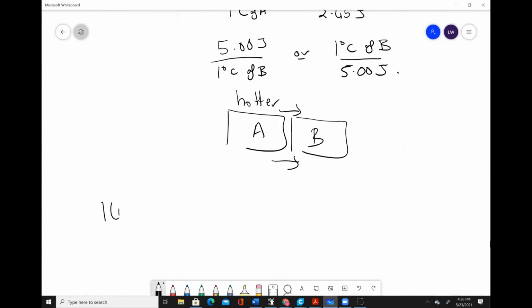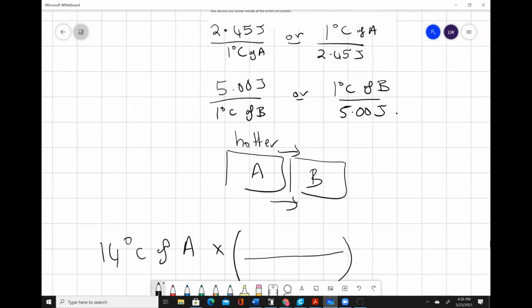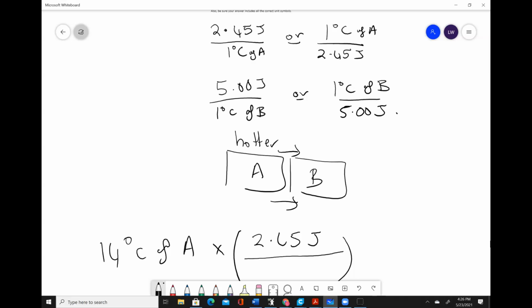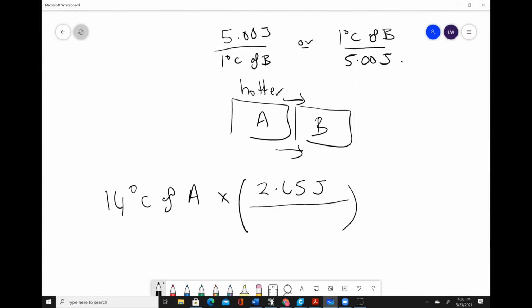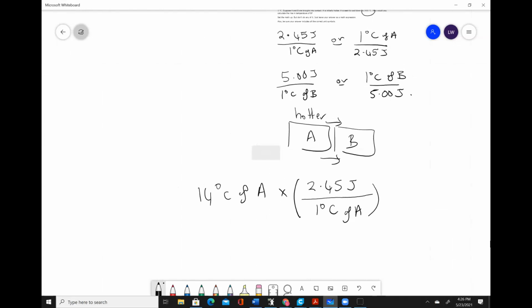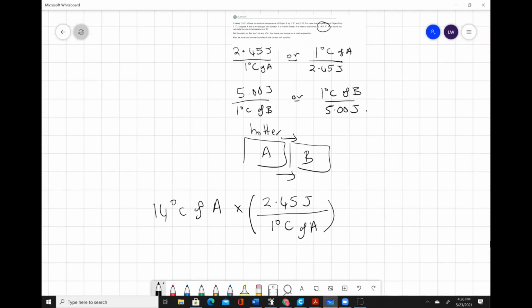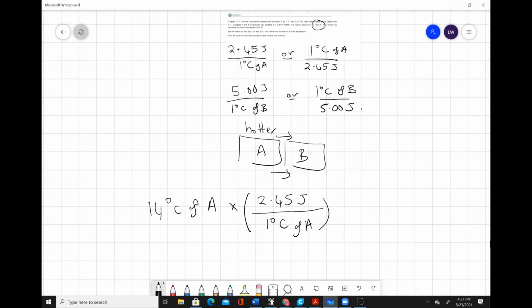So if A goes down by 14 degrees Celsius, according to our conversion factor, that's the same as saying that the amount of heat that is lost by A will just be 2.45 times that. Alright, so that's how much heat is lost by A.